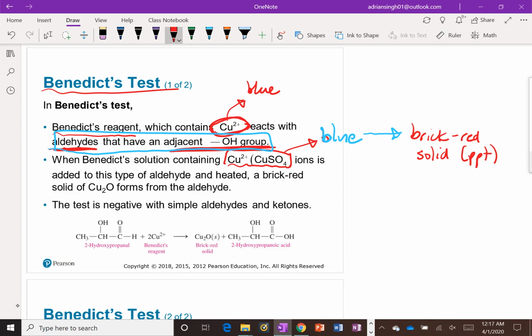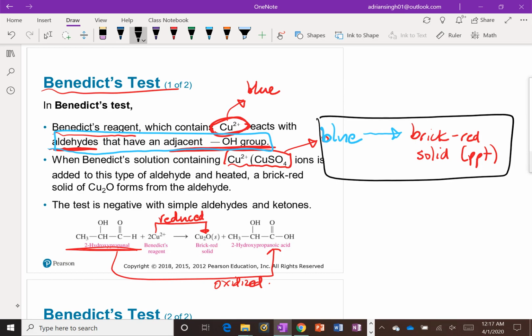That's due to the copper 2+ becoming reduced to copper 1 oxide, and the aldehyde group becoming oxidized to the corresponding carboxylic acid. So a positive test means you see that blue color change to a brick red color. That tells you that you have an aldehyde close to a hydroxyl group, right next door.